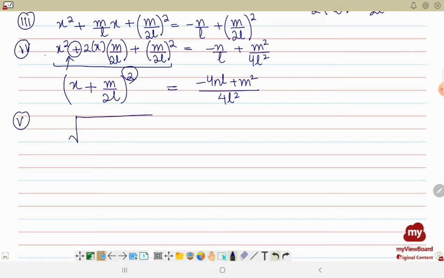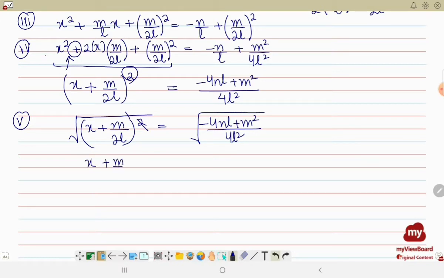Now since we have to remove the square, in the fifth step of working, we'll just take the square root on both sides so that our square will get removed by the radical sign. So we are left with x plus m over 2l equals plus minus of, let's say we can even write it like this, just rearranging the terms, over 2l.